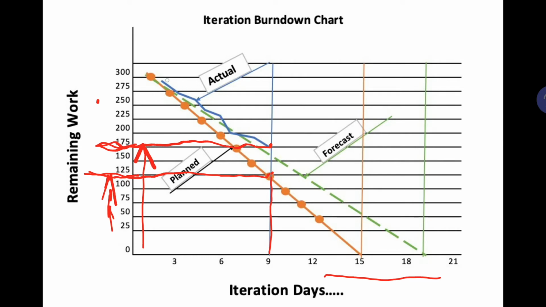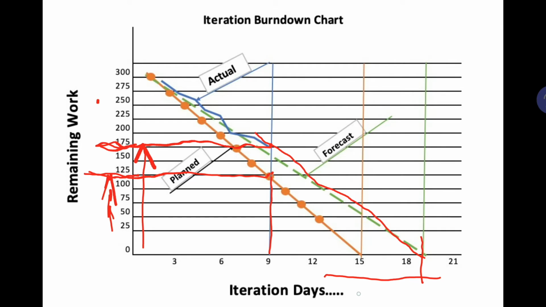Based on our previous progress we draw another line. The green one is our forecast, showing when we will complete all 300 tasks. We draw this line and come to know that we need a minimum of 18 days to complete all 300 activities.